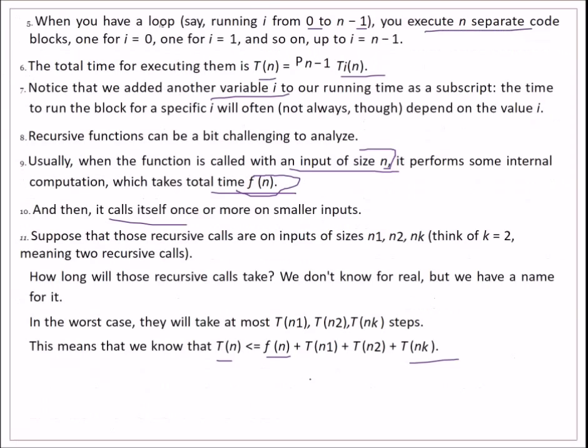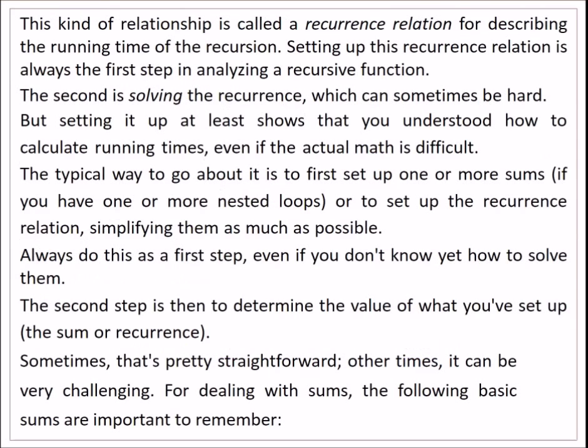This kind of relation is very important, and we call it a recurrence relationship. This is how we define the running time of a recursion. And setting up this recurrence relation is always the first step in analyzing a recursive function.